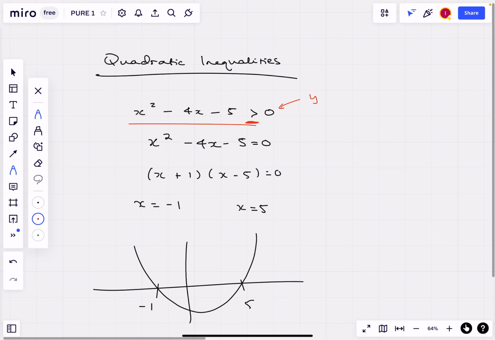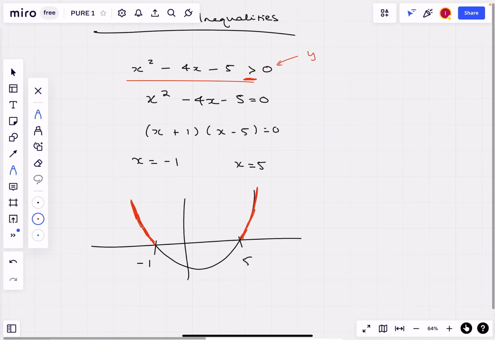Y is 0 at the x-axis. So it's basically saying your function is greater than 0. You are focusing on that red part and that red part. Does that make sense? Because that's the portion of your graph greater than 0.